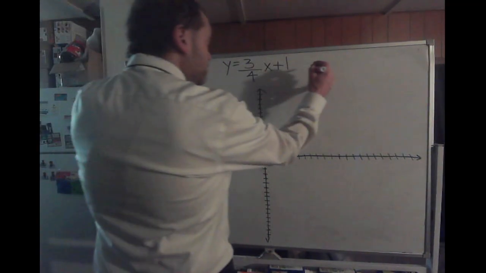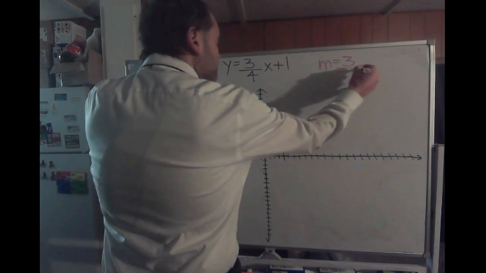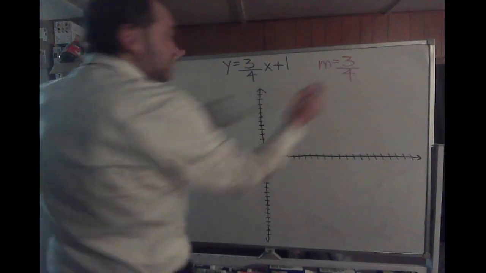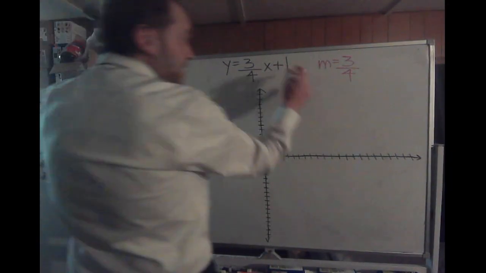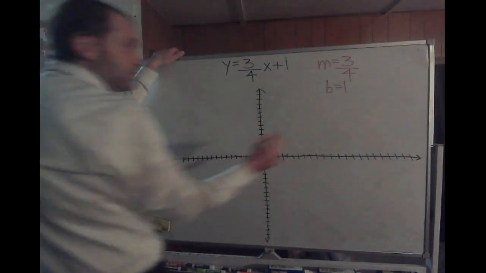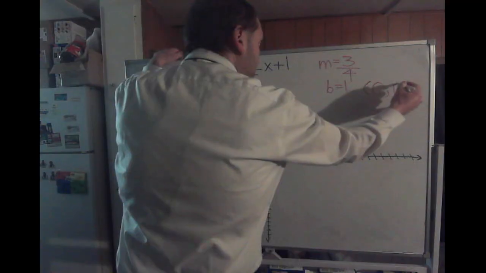Your slope is the coefficient of the x term. So that would be 3/4. Your slope is 3/4. Now, what is the y-intercept? It's that positive 1. So your b is 1, your y-intercept, so your y-intercept is at the point 0, 1.